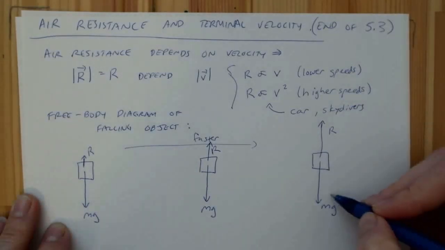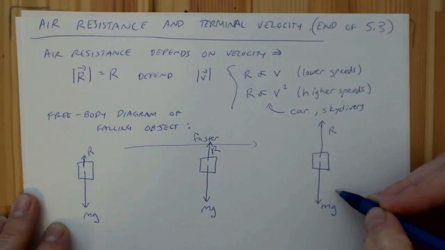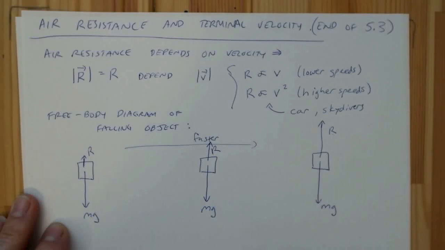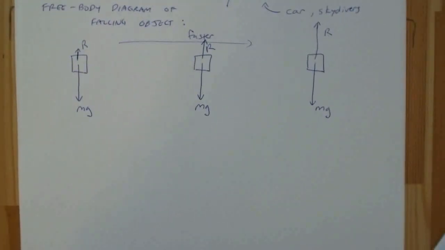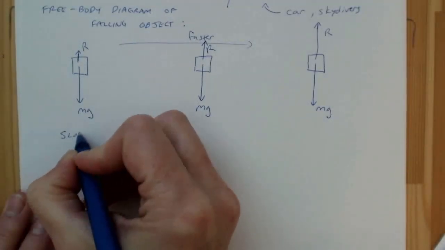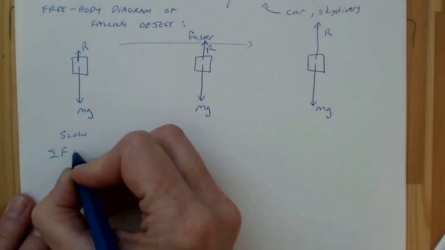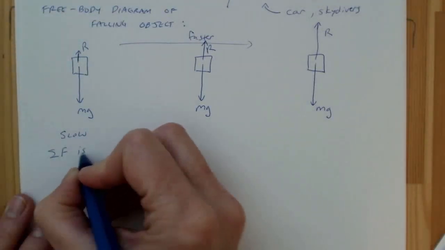And in that situation, now all of a sudden you have no net force, which means that you're going to have a constant velocity, and your acceleration is zero. So let's talk about each of these situations, and we'll see the progression towards terminal velocity. So this one would be the slow example, where the sum of forces is downward.